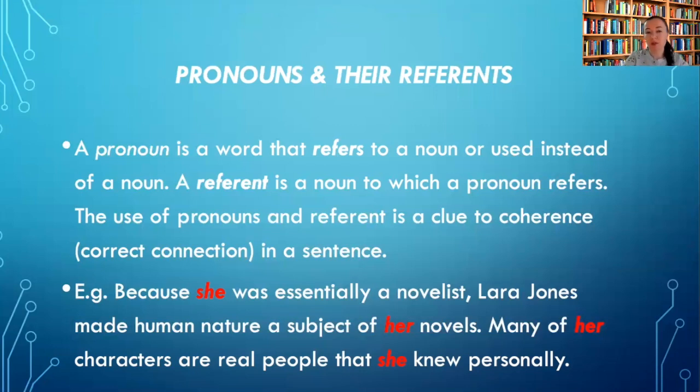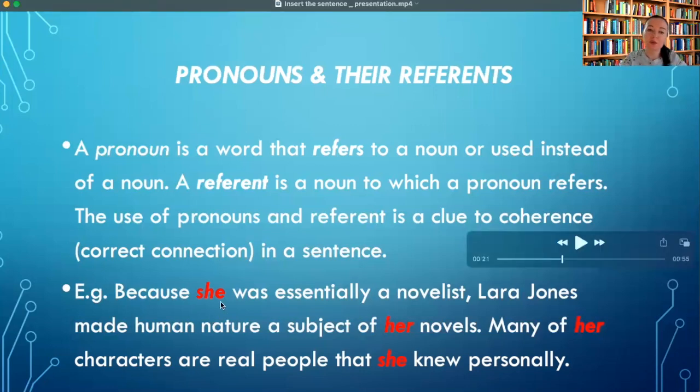Now, if you notice in the first sentence, I highlighted the words like she and her, because as you already know, they're pronouns. So the word she in the first sentence refers to Lara Jones and novelist, right? Because those nouns are the reference of the word she over here. Her novels signals that this novel belonged to Lara Jones. Again, her refers to Lara Jones.